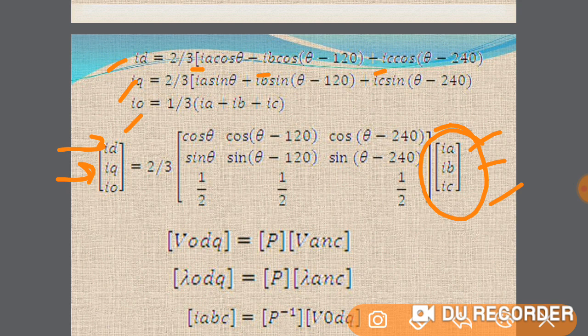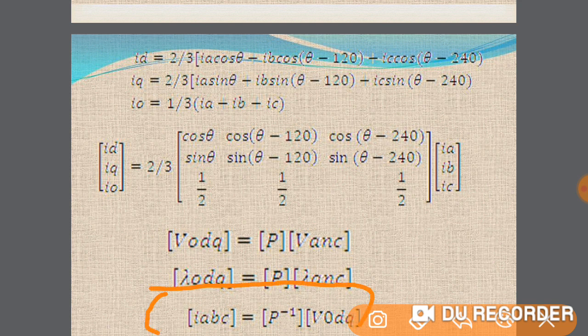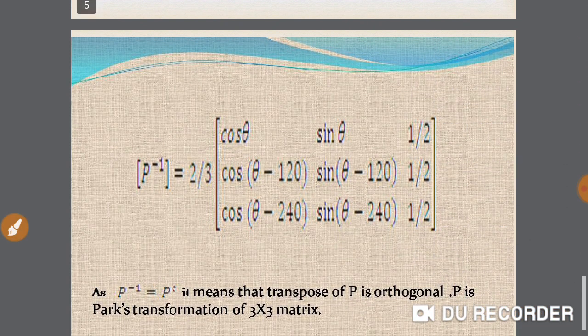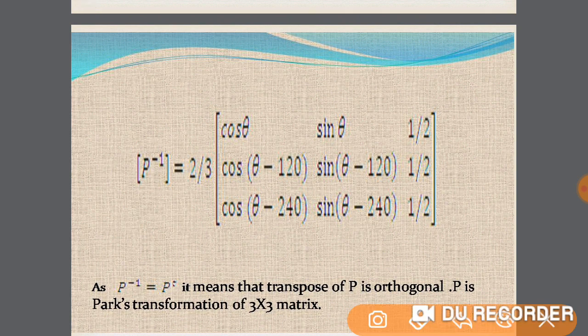Similarly, you can write down these equations for voltage, for lambda and for current. When we are talking about current, let's take this equation. Here you will find a term P inverse. What is this P inverse? You can see this equation was represented in terms of current only. There was no voltage term. But when we are interconverting this current with voltage, we need to take the P inverse. This P inverse is nothing but the transpose of the matrix taken here.